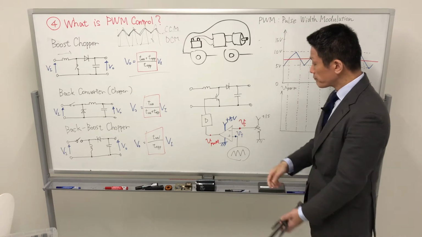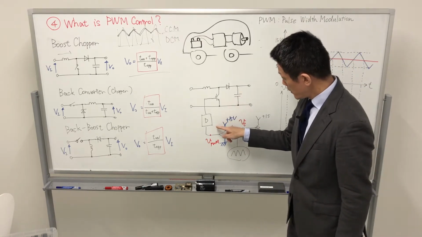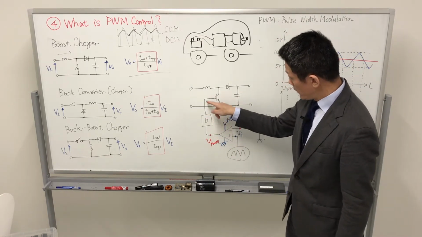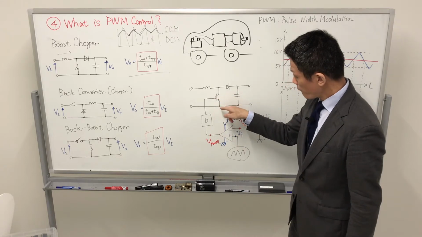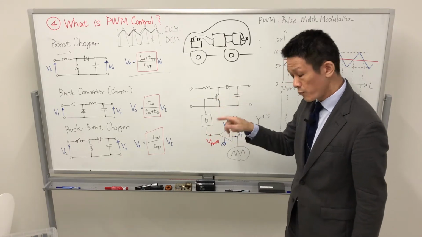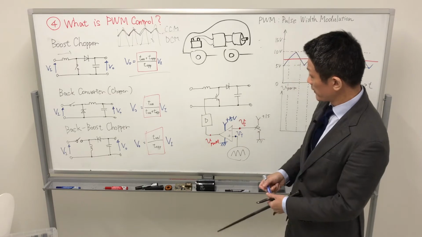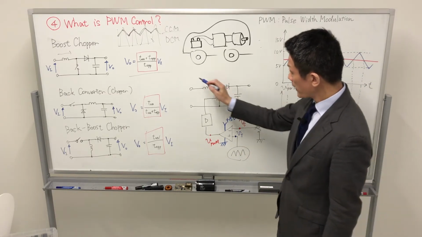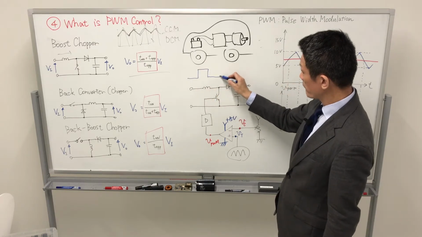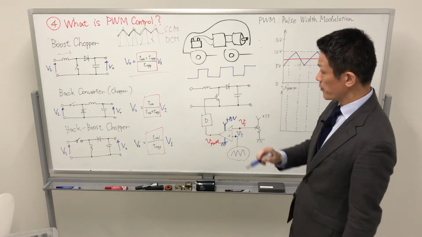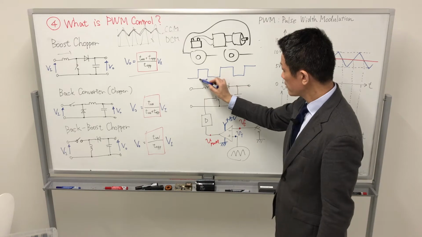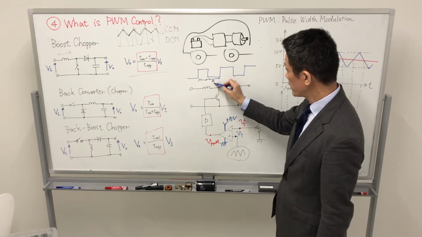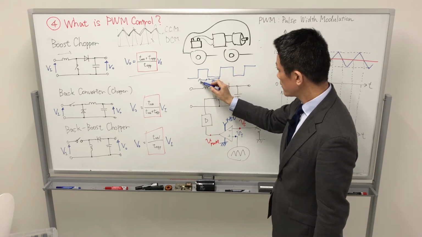So this line requires a turn-on and turn-off signal. The signal is like this, for example, turn on, turn off, turn on.